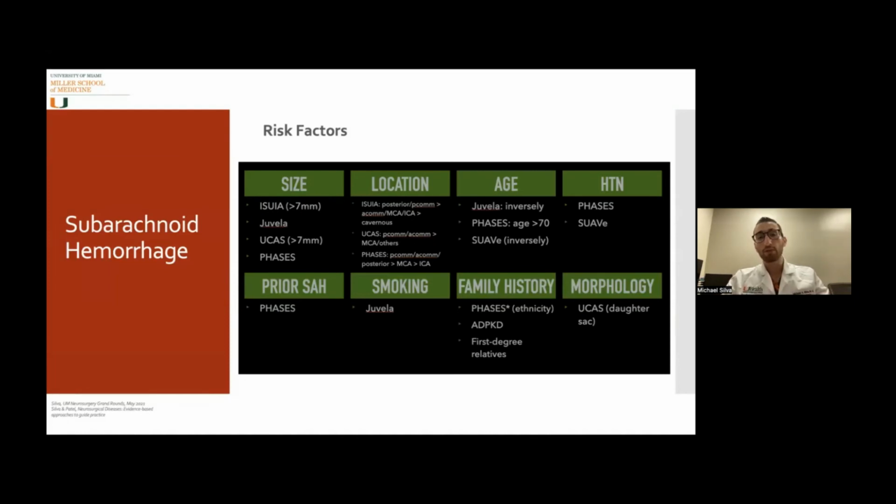Typically, it's thought that posterior fossa or posterior circulation, as well as posterior communicating artery and anterior communicating artery aneurysms, are more likely to rupture than, for instance, MCA and ICA aneurysms. Other risk factors: age, hypertension, prior hemorrhage, smoking, family history, and morphology have all been evaluated.